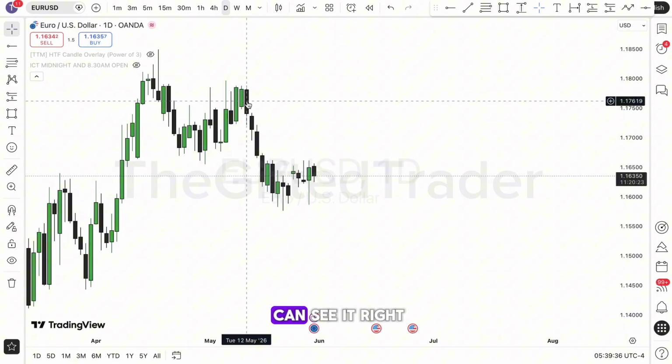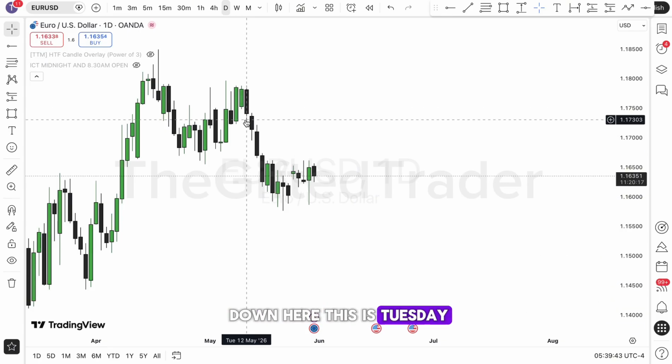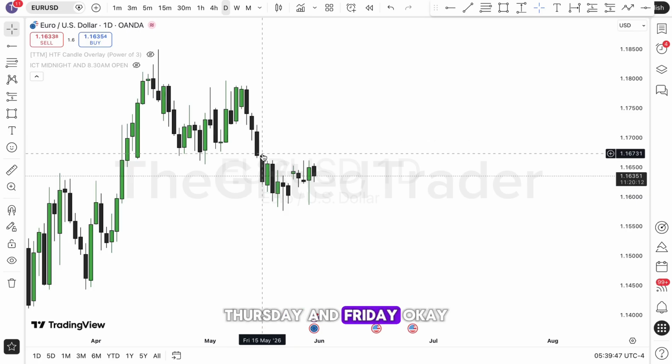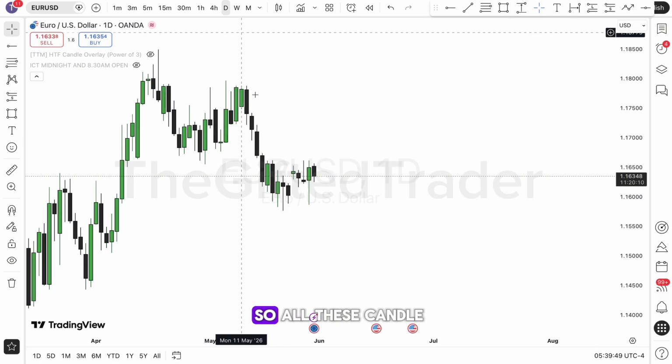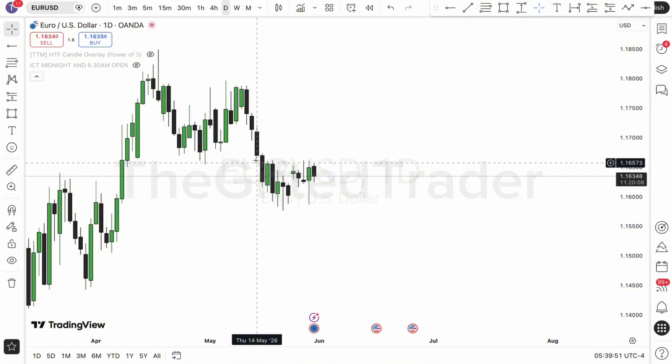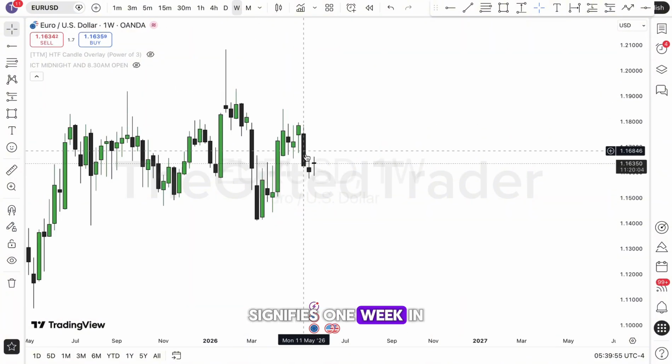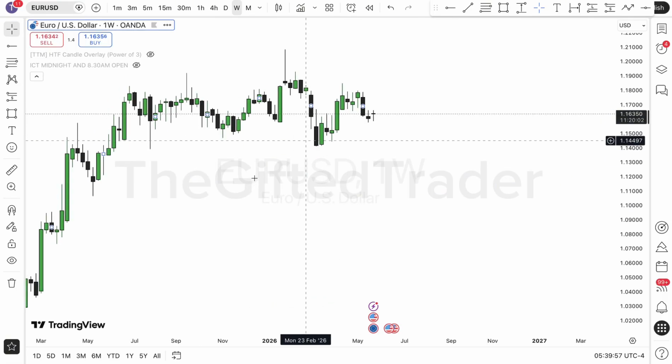On the daily, you can see it, right? This is Monday, Tuesday, Wednesday, Thursday, and Friday. So all these candlesticks signify 1 week in the weekly time frame.